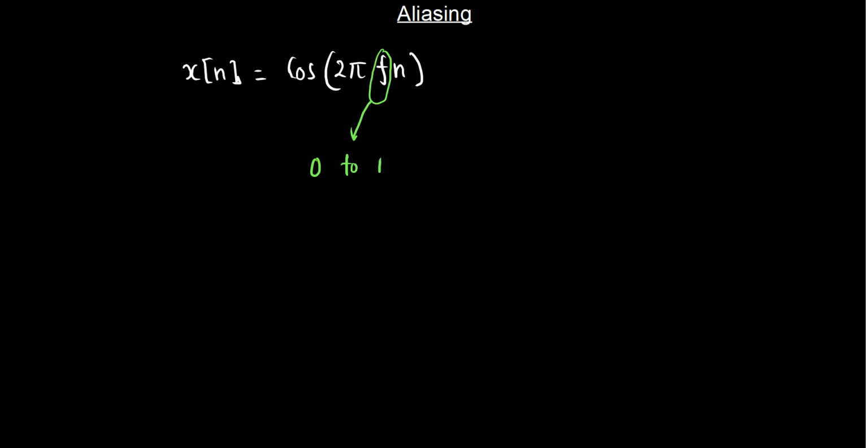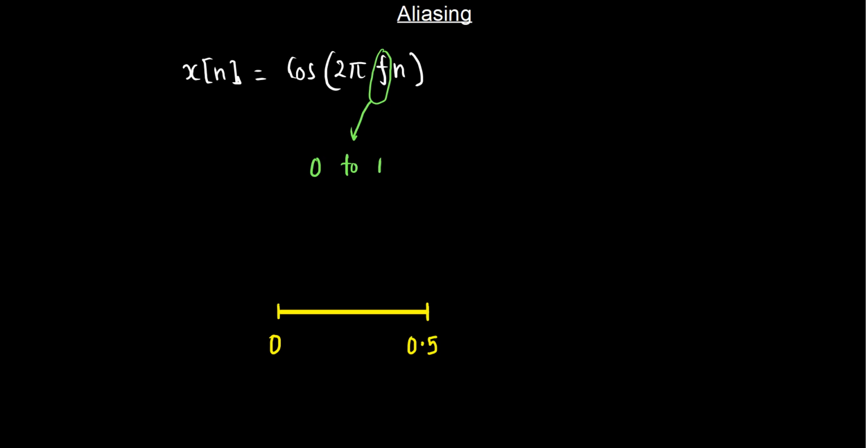So let's make an axis, this is the axis with respect to which I am varying the frequency, small f. Let the starting point be small f equals 0, and the last point be 0.5.